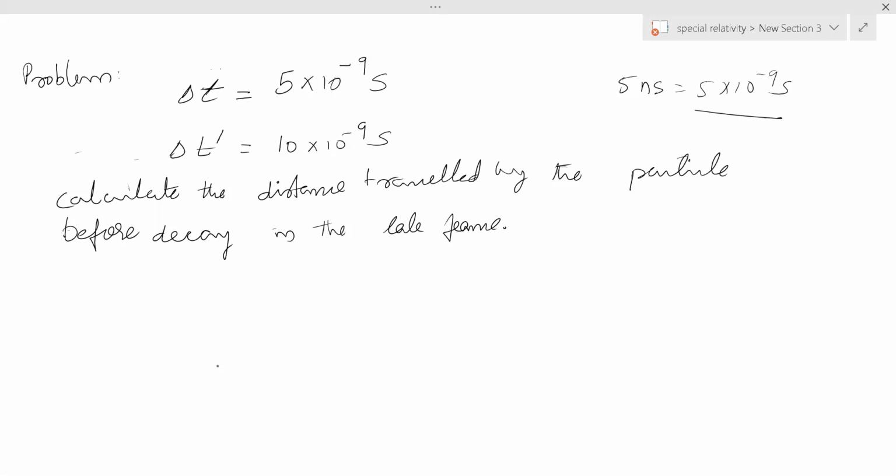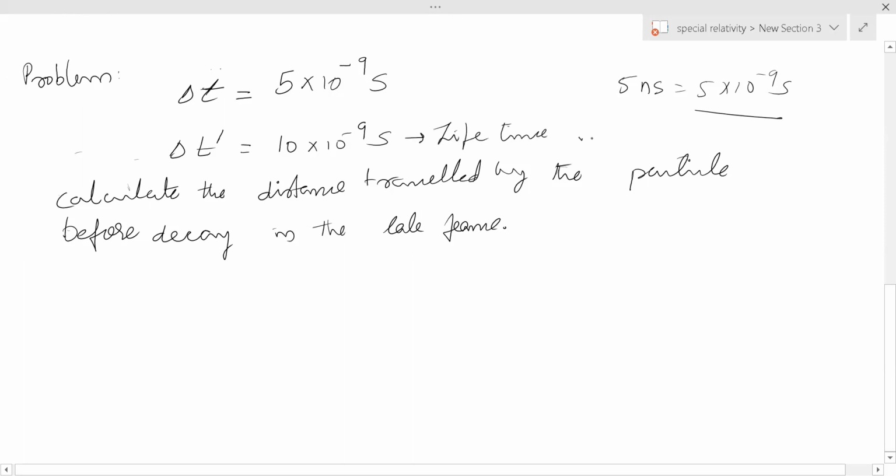With respect to delta t prime. Delta t prime is the lifetime in the laboratory frame.